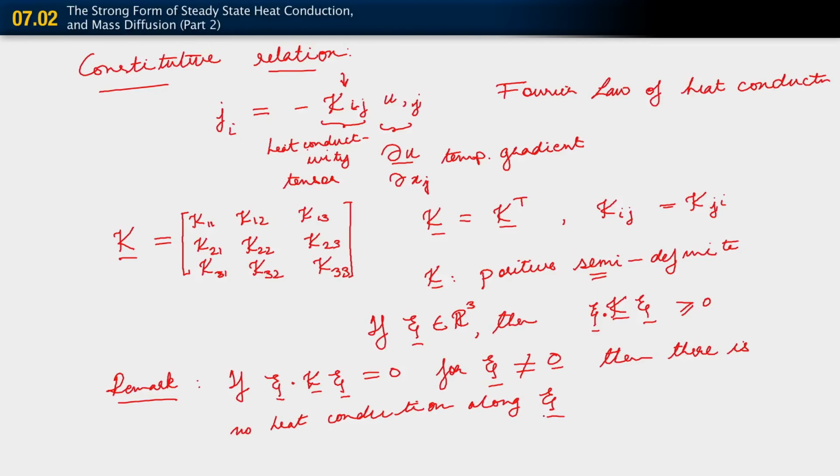There's one more thing I wanted to say here. When we go back and look at this law here, this is, of course, the Fourier law of heat conduction. What it tells us is that the heat flux vector is directed along the negative temperature gradient. So heat tends to flow from high temperature to low temperature, provided we also have this property of C being positive semi-definite.